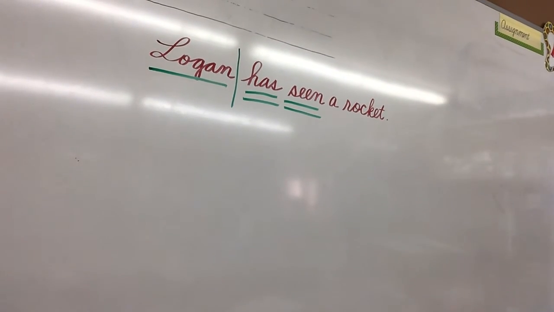This time, the predicate part of the sentence is just the verb phrase. So underline was broken twice. And what was broken? The large branch. No, just branch. It does not matter whether it was large or small or skinny or fat. It just is a branch. Okay, so just branch. All right, very good.